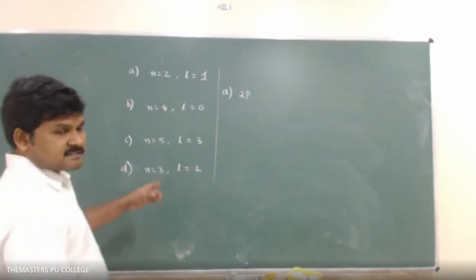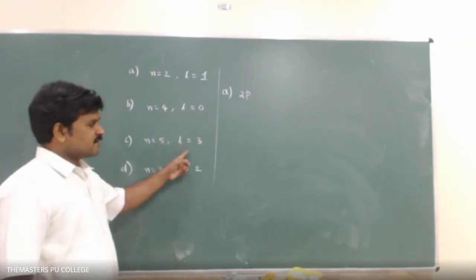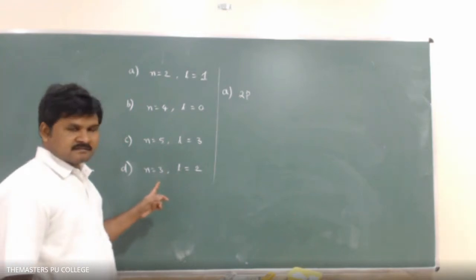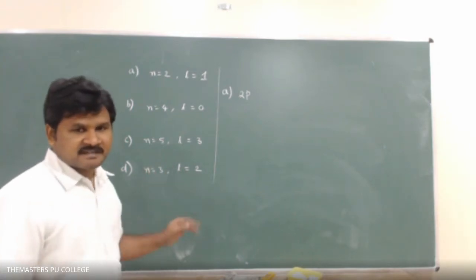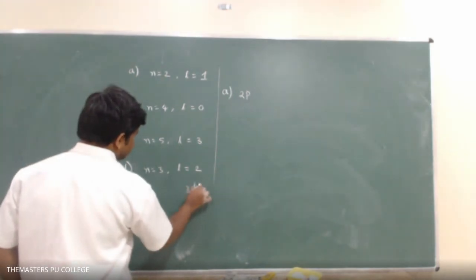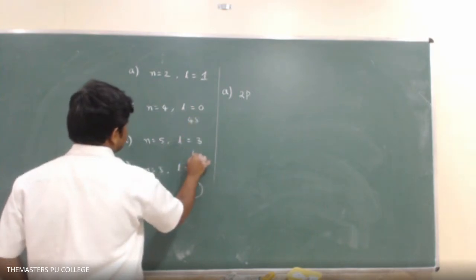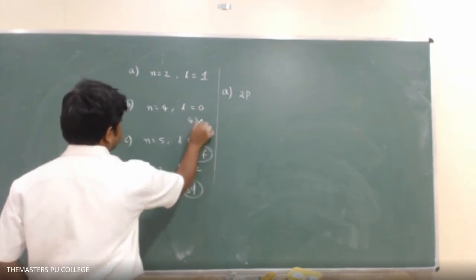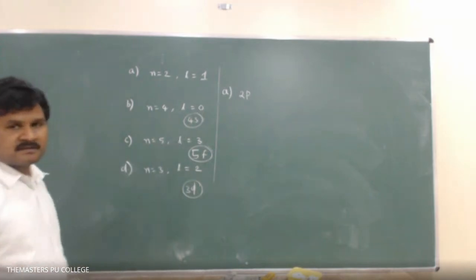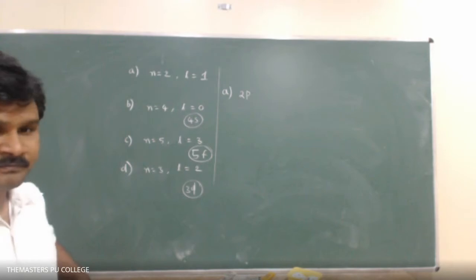So 4 as it is, 4s. This is 5f, 3d. So 3d, 4s, 5f. That is the answer.